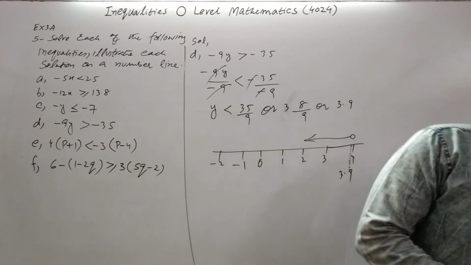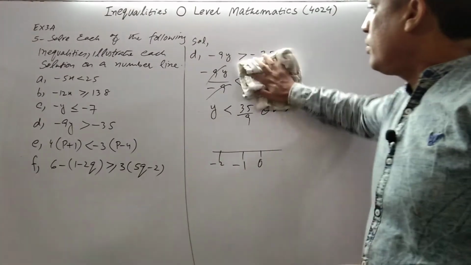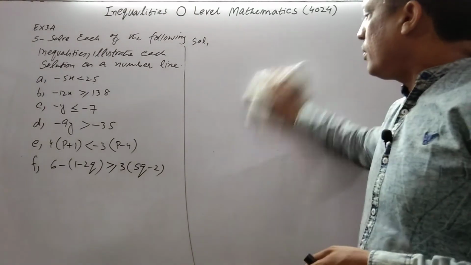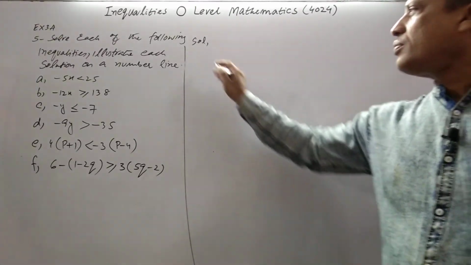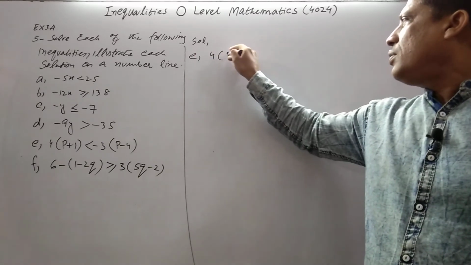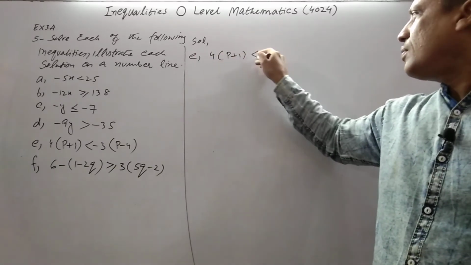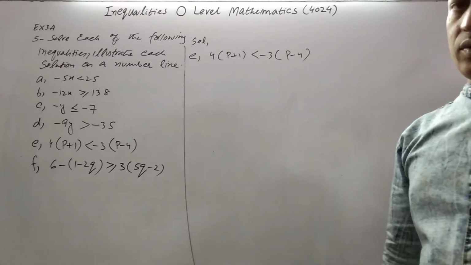Now come to part E. Part E is 4p plus 1 less than minus 3p minus 4.